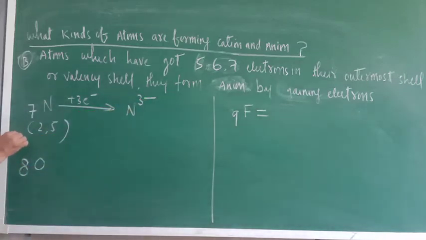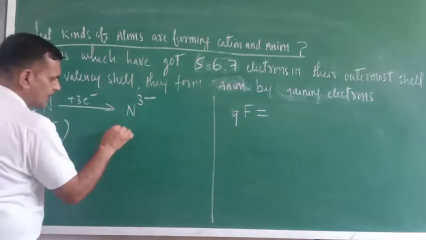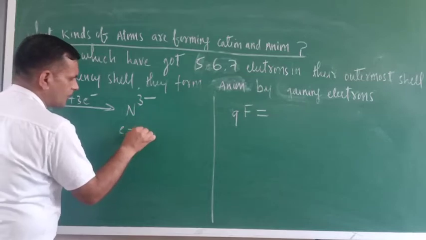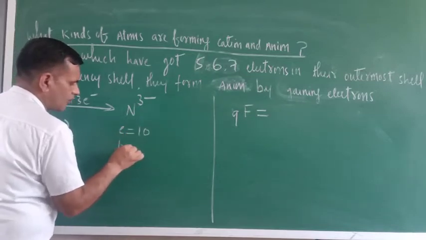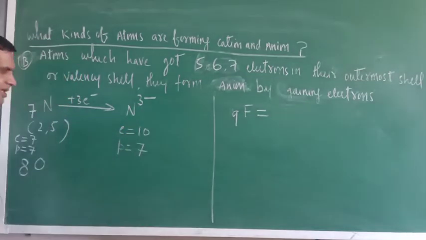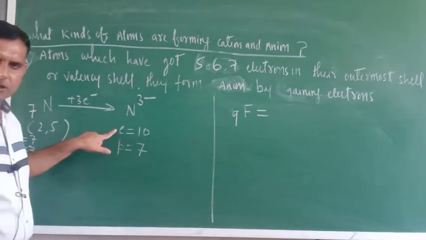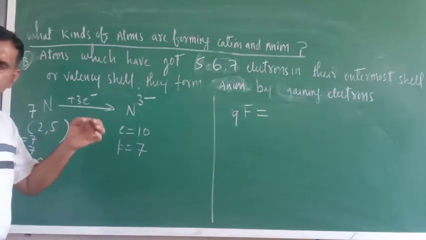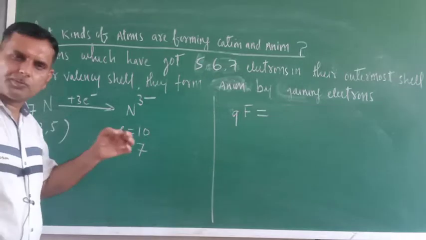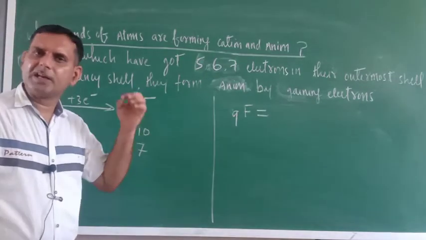Now because it has gained 3 electrons, that is why 3 negative charge is there. Here just see, electron equal to 7 and proton equal to 7, but here electron equal to 10 and proton equal to still 7. So just see, 3 electrons are more. Rule says the number of electrons and protons should be same in a neutral atom.